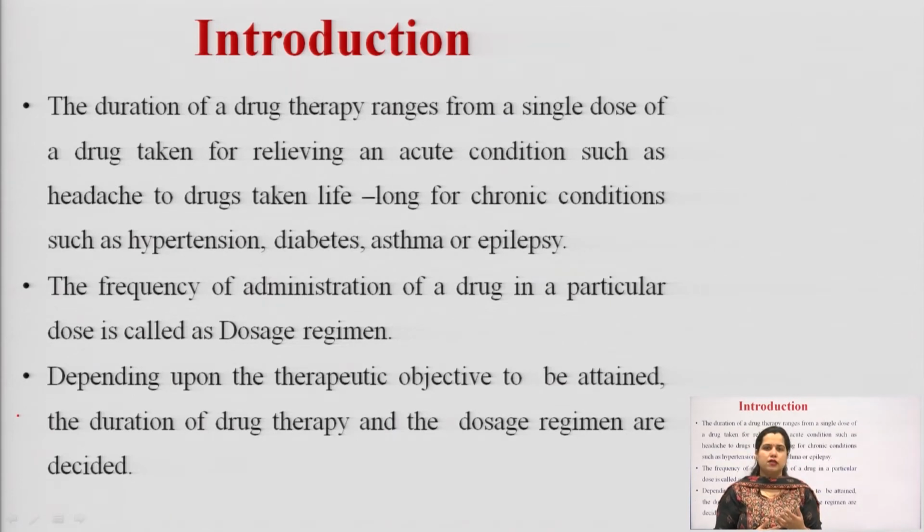Some drugs are given as a single dose in a day, whereas a variety of drugs are given at 6 hour frequency. Based on the type of therapy, the nature of the drug, its half-life, biological effects and bioavailability, the dose regimen is decided.